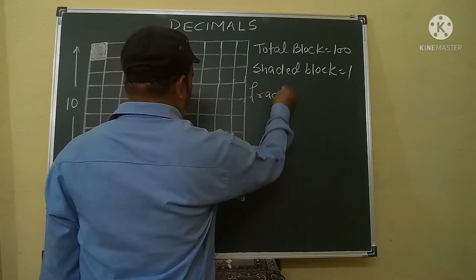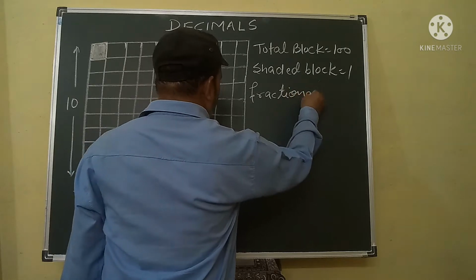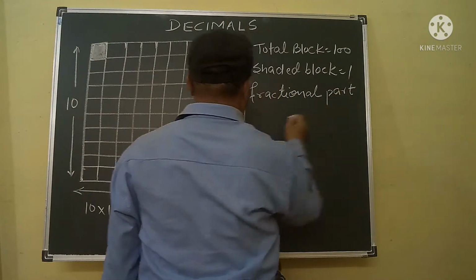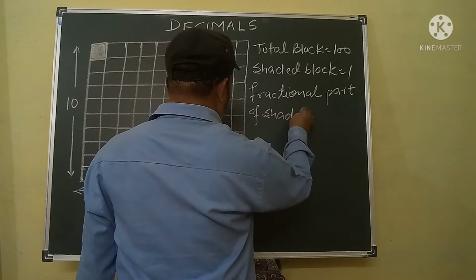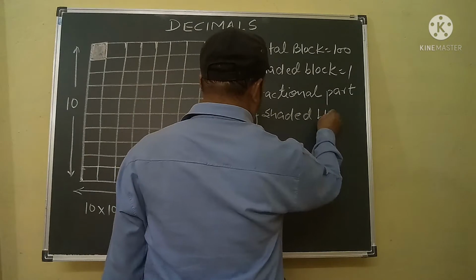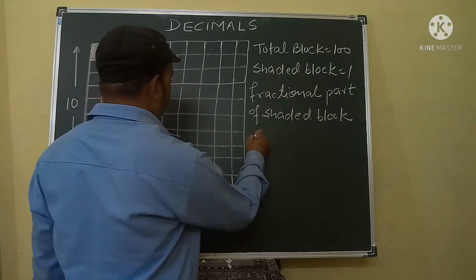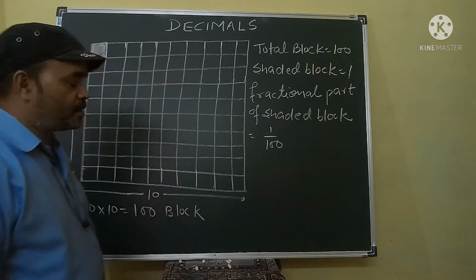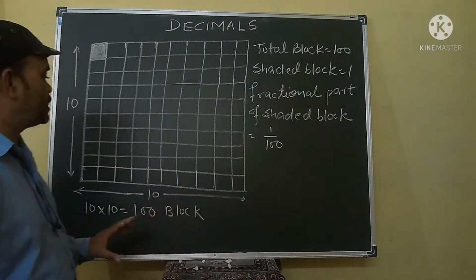Fractional part of shaded block is 1 upon 100.